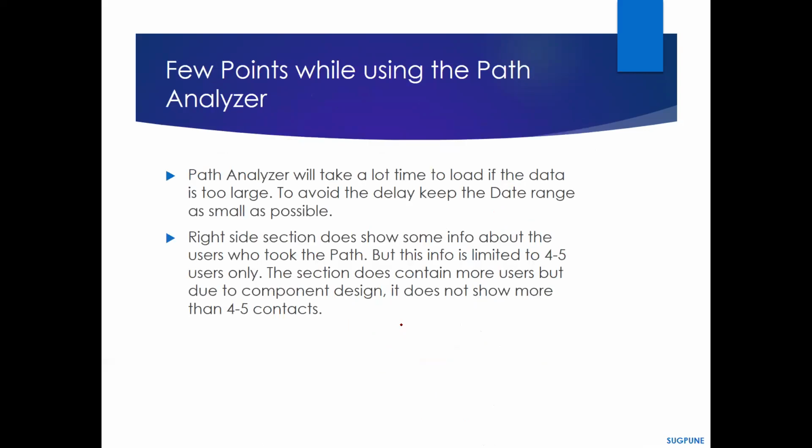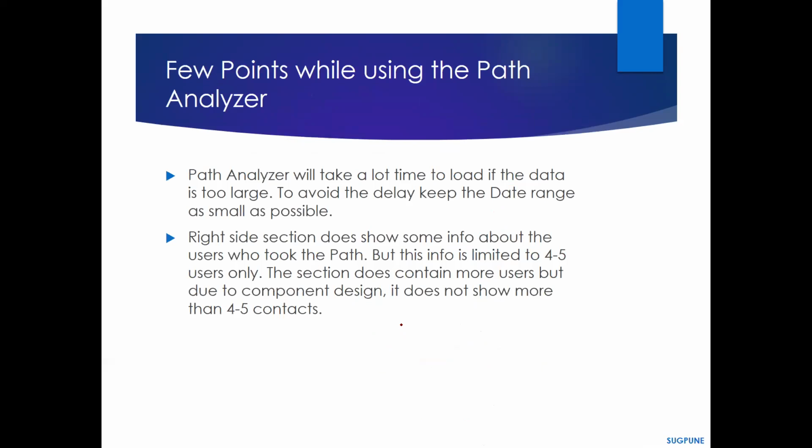We are almost close to our session, and a few points from when I was working with Path Analyzer. As you can see, there was a million data, so Path Analyzer takes quite a lot of time to load. It has to load all the graphs, create the graph, and then display.